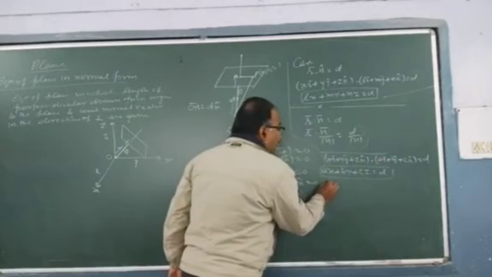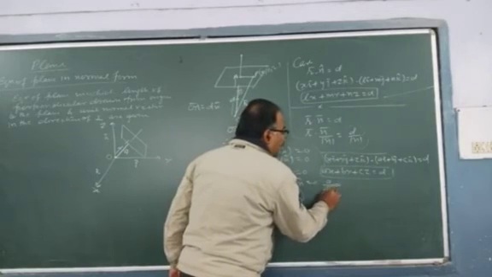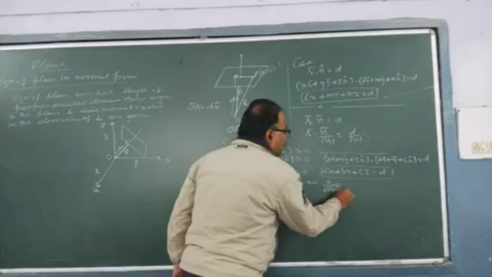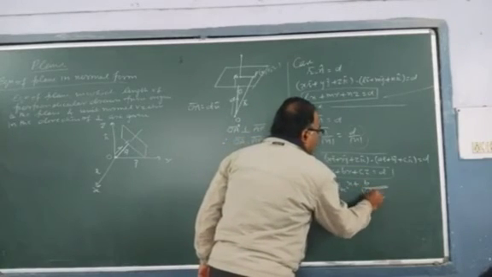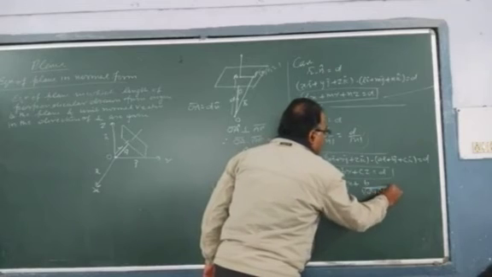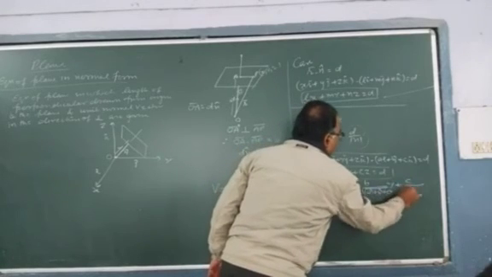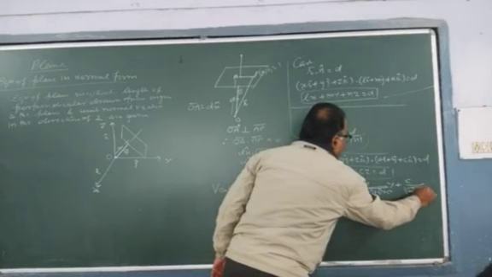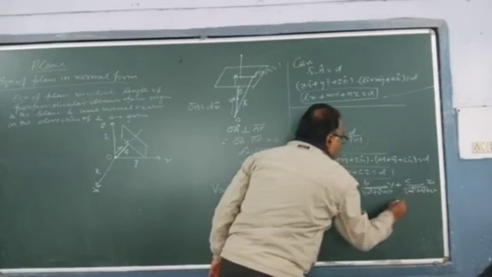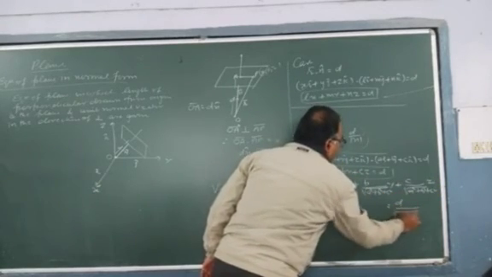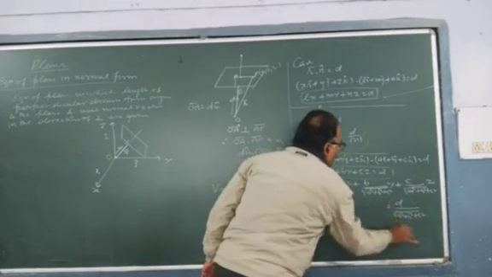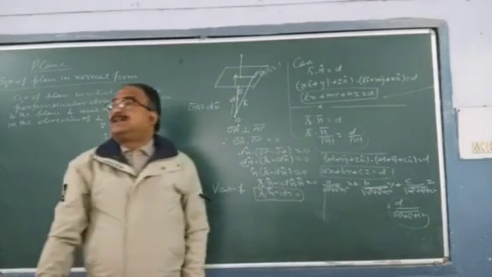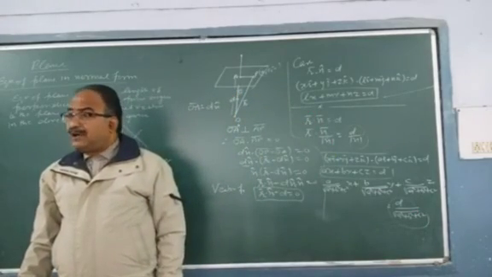So what I have is a upon root a square plus b square plus c square into x, plus b upon root a square plus b square plus c square into y, plus c upon root a square plus b square plus c square into z, equal to d upon root a square plus b square plus c square. Now this whole becomes the distance of the plane from the origin.